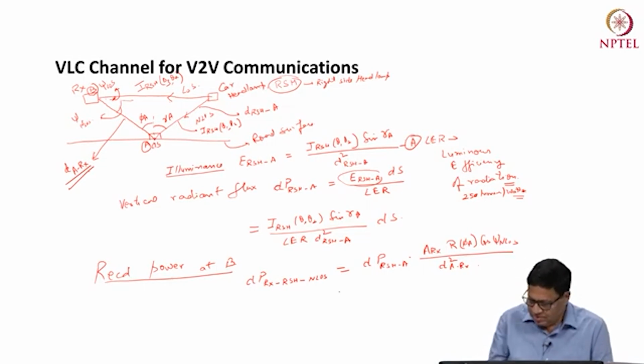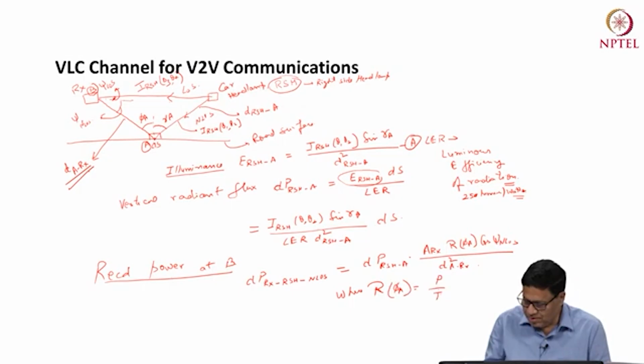Where this R phi A, as we have discussed earlier, is rho over pi cos phi A because of the scattering. This is how we had modeled it.